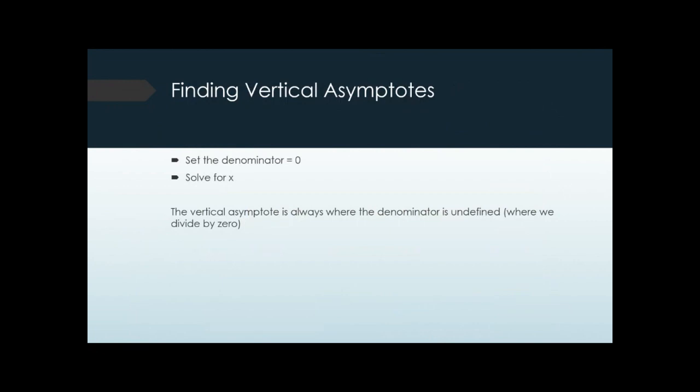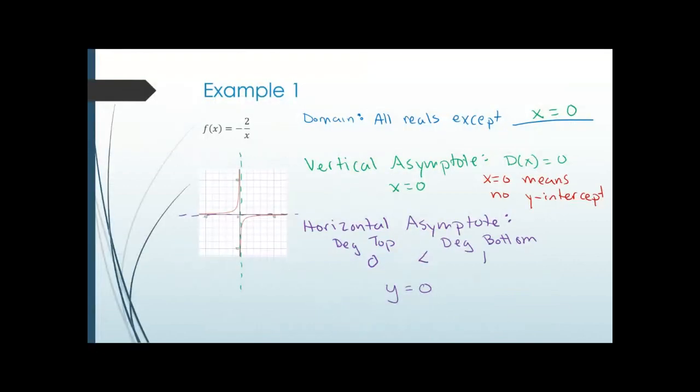So that means there is no x-intercept. Oh, I'm getting everything backwards here. So there is no x-intercept because y cannot equal 0. So we have no intercepts for this basic graph. It's not going to cross either axis.